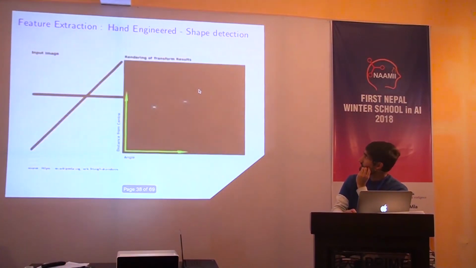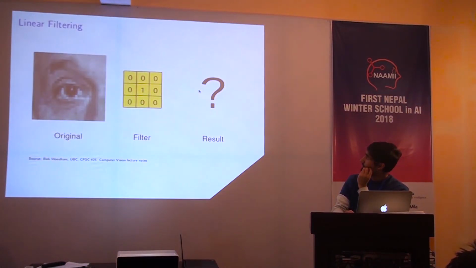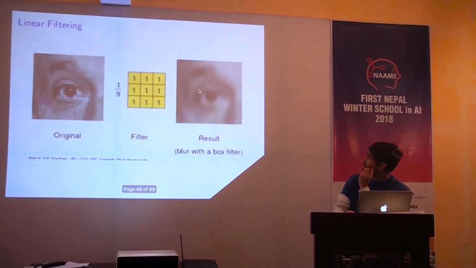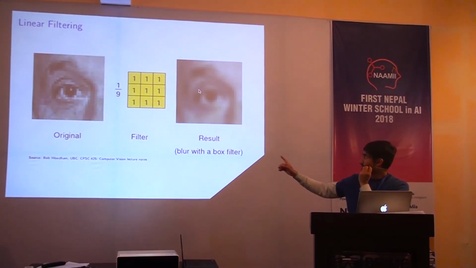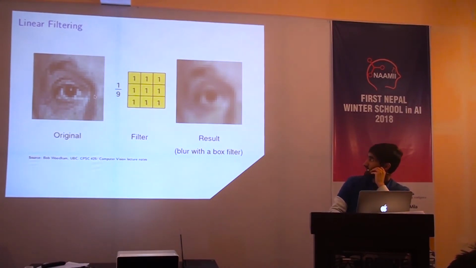I might have an example, let me see. Okay, this one here. So we are blurring with this filter. The result of applying this 3 cross 3 is this.